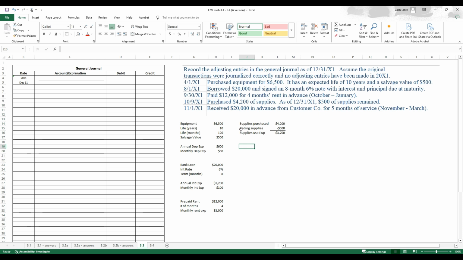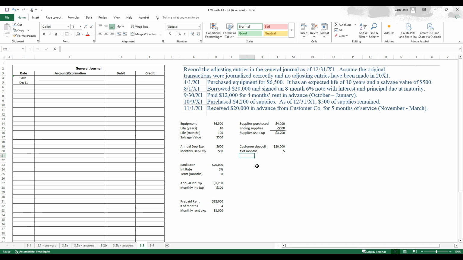Okay, and finally, we received, let's call it a customer deposit of $20,000. Let's do our format painter again. Okay, and then I'm just going to do number of months. That equals 5 months of service.